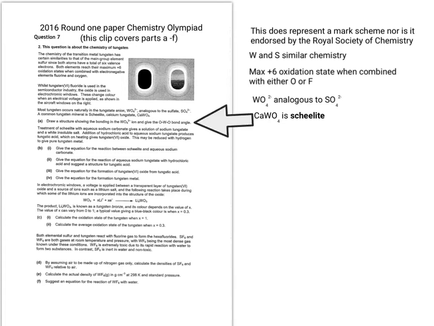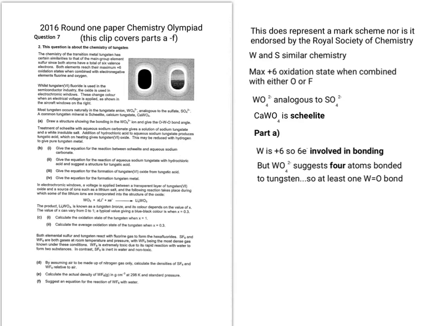So it says draw a structure showing the bonding in the WO4 2- ion and give the OWO bond angle. So if tungsten is +6 oxidation state, there must be 6 electrons involved in the bonding. But if you look at the formula of the tungstate ion, it would suggest there's only 4 atoms bonded to tungsten.